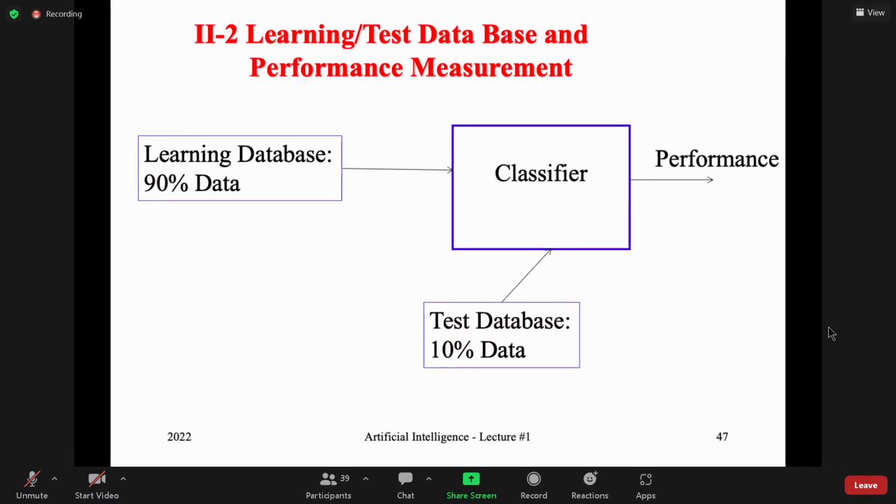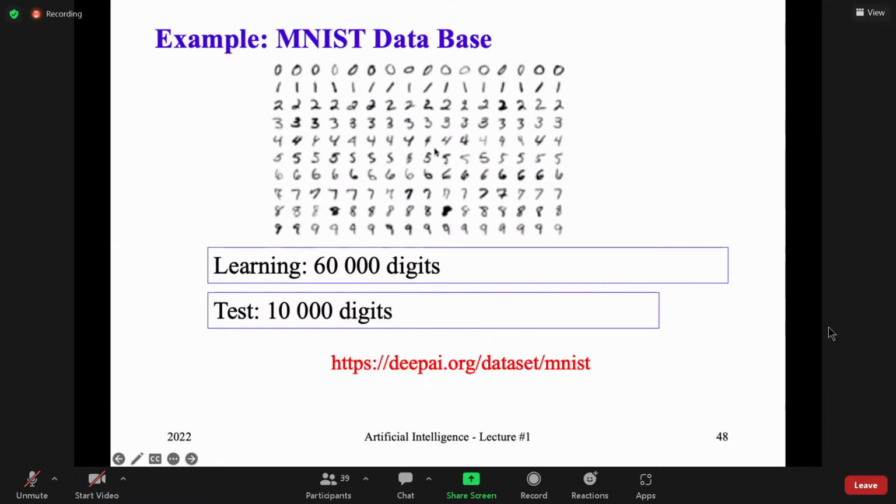Now just an example, because we don't always have simple triangles and simple rectangular shapes. Another first example is this one. This is a very famous database.